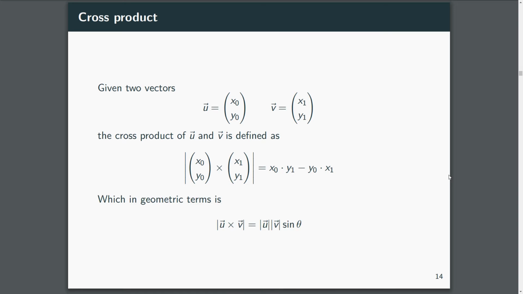And we can write this in geometric terms as well. So we have the cross product of u and v is equal to the magnitude of the vectors multiplied together times the sine of the angle between them. So for dot product it was the cosine. For cross product it's the sine.